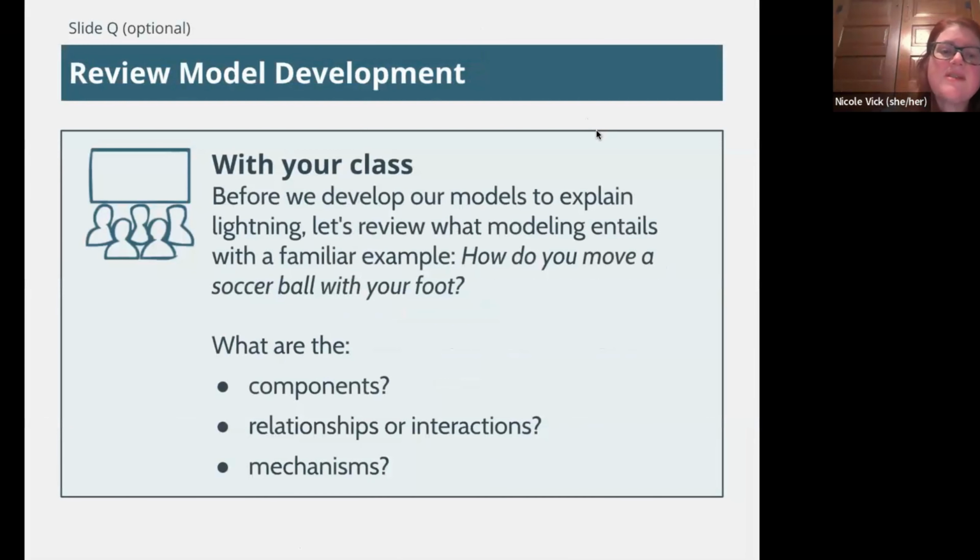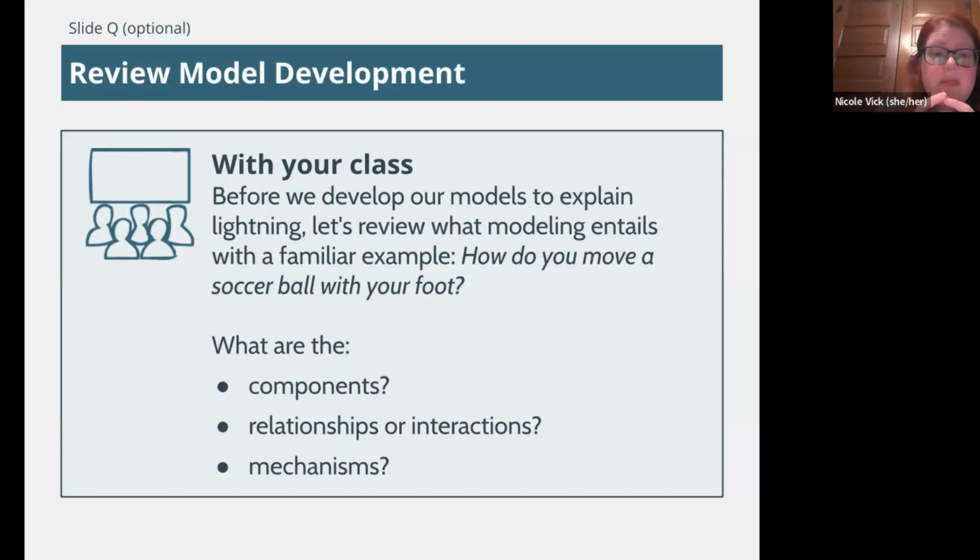This is just our second unit, and models are always trying to answer a question or being used to explain a phenomenon. For this one, as an example, we're going to think about how you would create a model to explain to somebody how you move a soccer ball with your foot. We would consider the components: what are the different pieces?